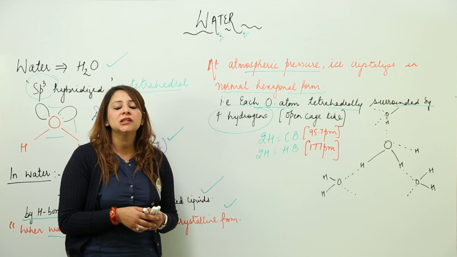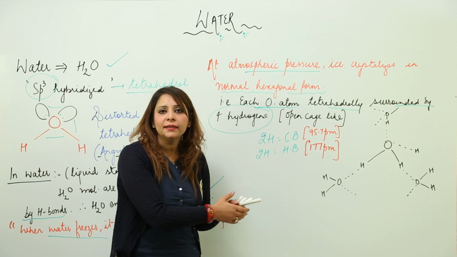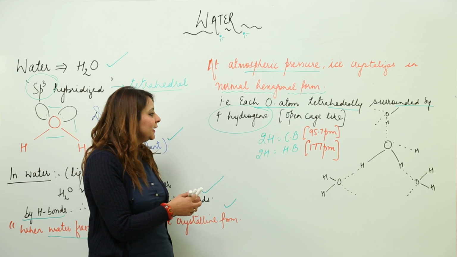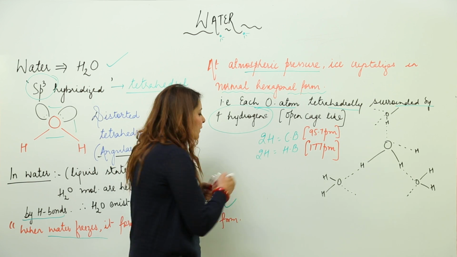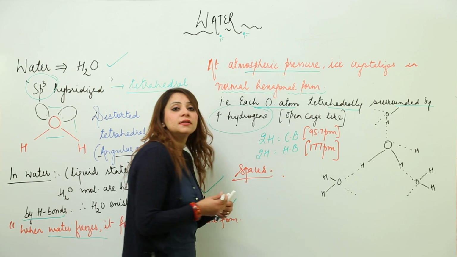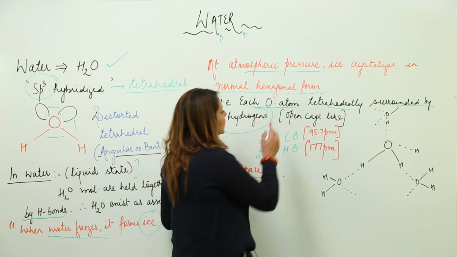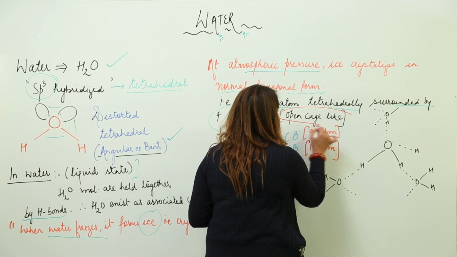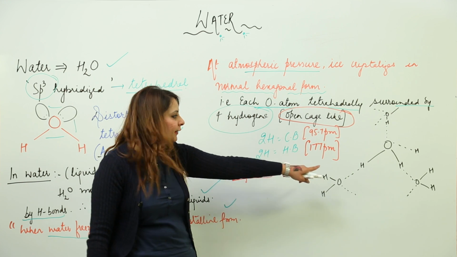So as you can see, the bond length of the hydrogen bond is much more. That means there exists a great distance, and due to this longer bond length, the molecules are not tightly packed. There are certain spaces within the molecule. So we can say that in the hexagonal form, ice has an open cage-like structure, like I have shown you in the figure.